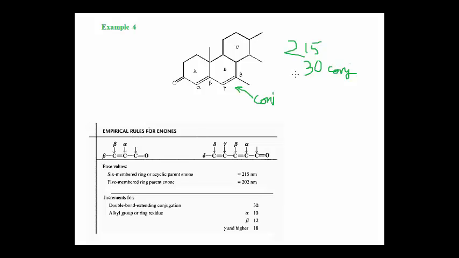Now let's look for exocyclic double bonds. Right here, notice the double bond between the alpha and beta carbons is exocyclic to ring B. So we will add 5 units for that.